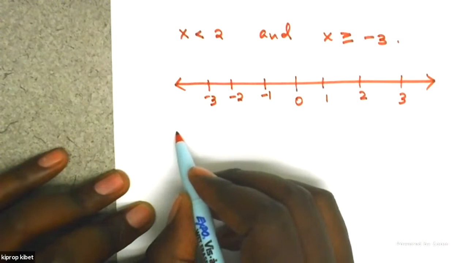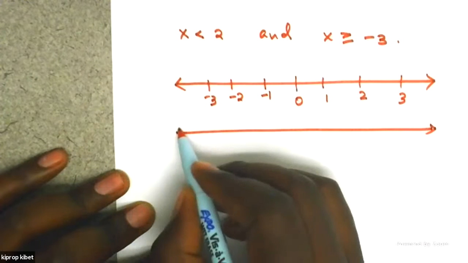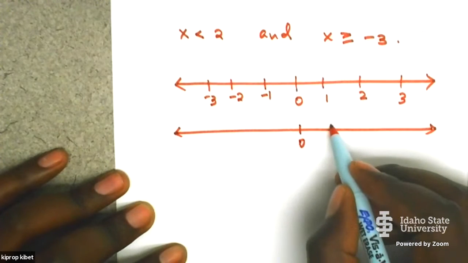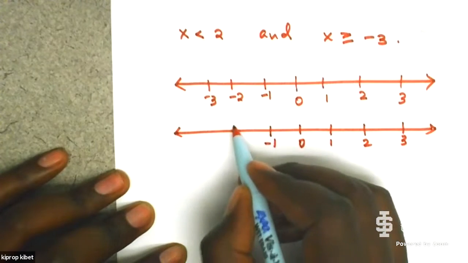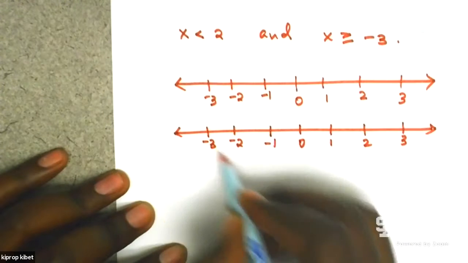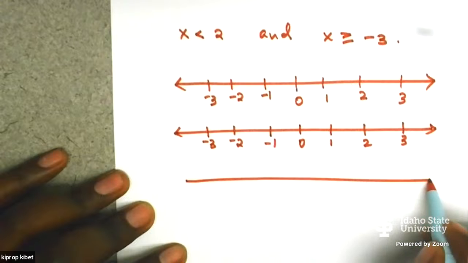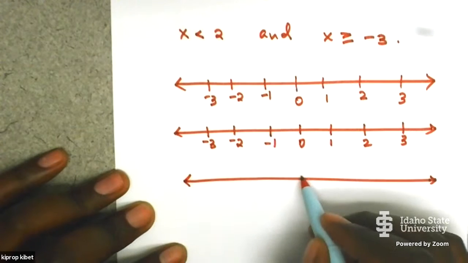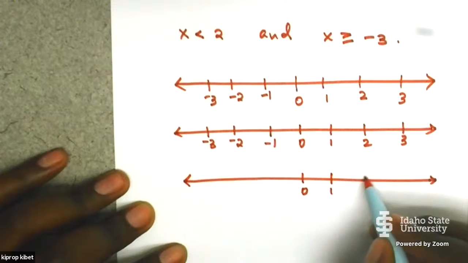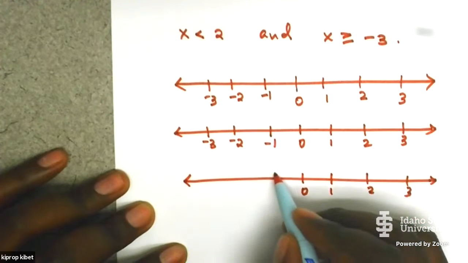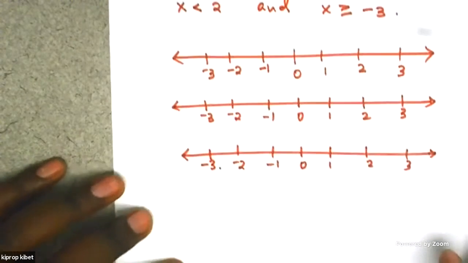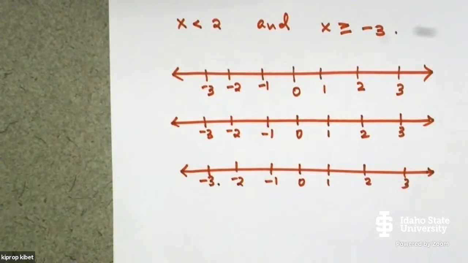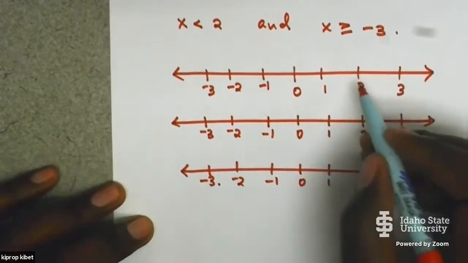Then we draw another one here, and then another. Okay, so the first one, x less than 2. Where does it go?